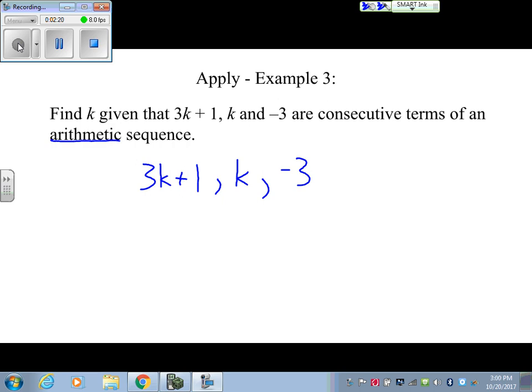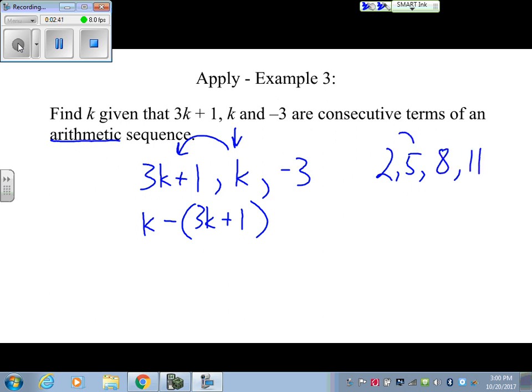So all I have to do is subtract backwards. I'm going to start with my second term, k, and subtract the term that came before it, which is all of this stuff, 3k plus 1. Just like we've done over here with 2, 5, 8, 11, if I subtract backwards, I'm getting a 3 each time.